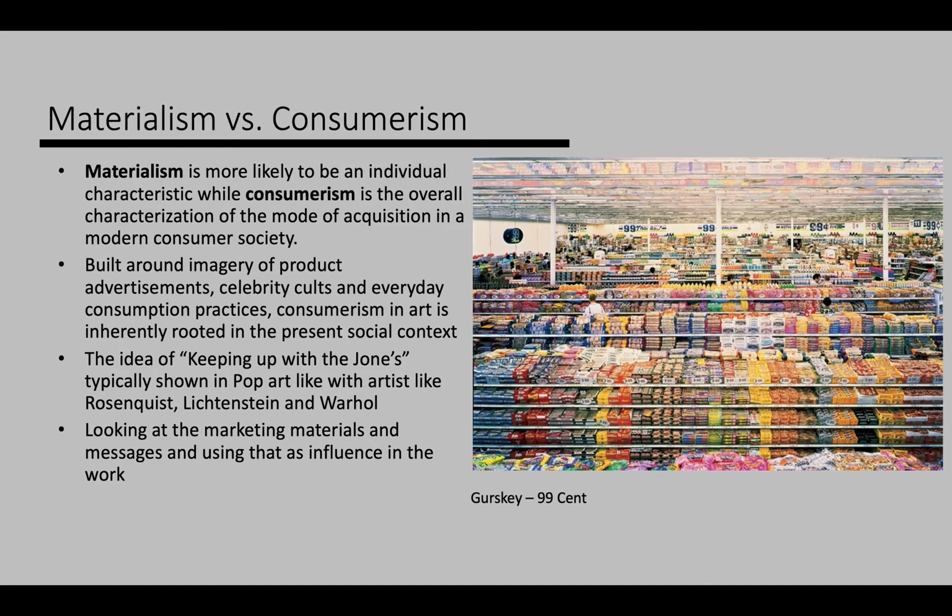On the right-hand side here, we've got an image from Gursky. I used his work as well for the last one. It's a really, really famous image. It's a manipulated image. It's an image of consumerism. It's an image of materialism. Look at all of those candy bars, for example. Insane, right? The amount of choice we have is consumerism.